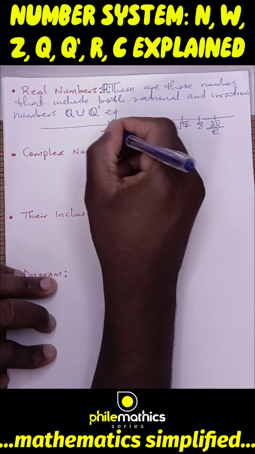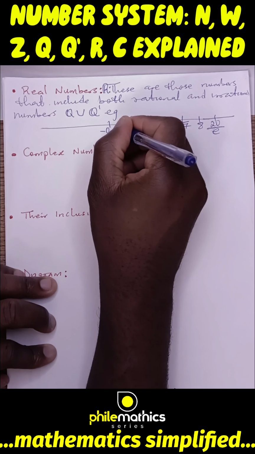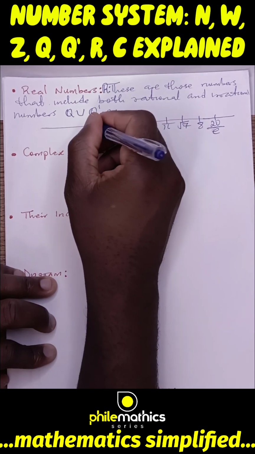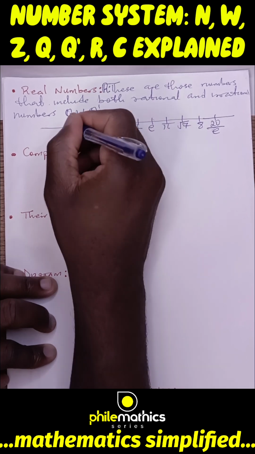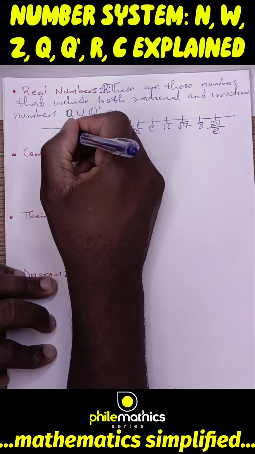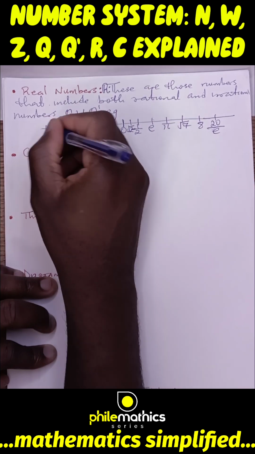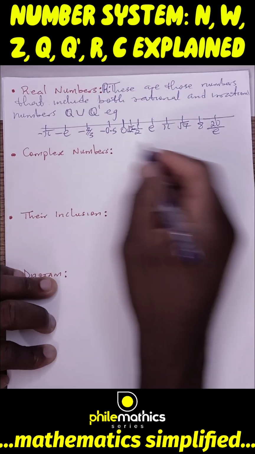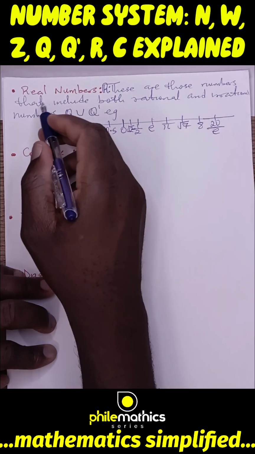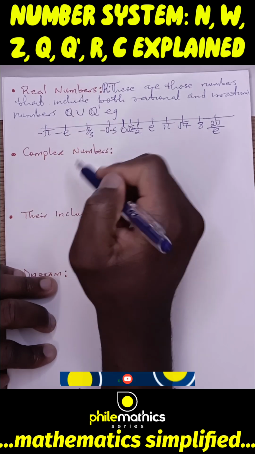For the negative part, you can find even decimal numbers, minus 0.5, minus 4 over 3, minus exponential, minus pi, and so on. Whatever you can list, you can find on the number line. These are what we call real numbers.